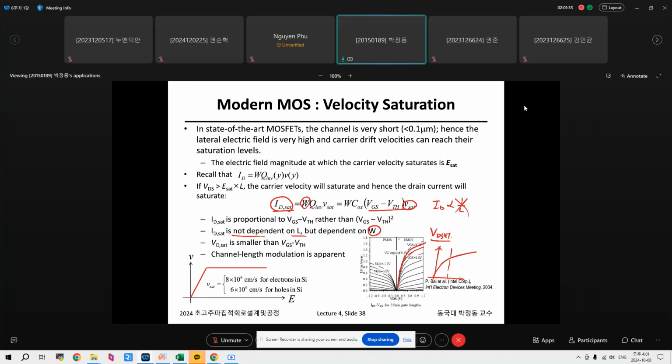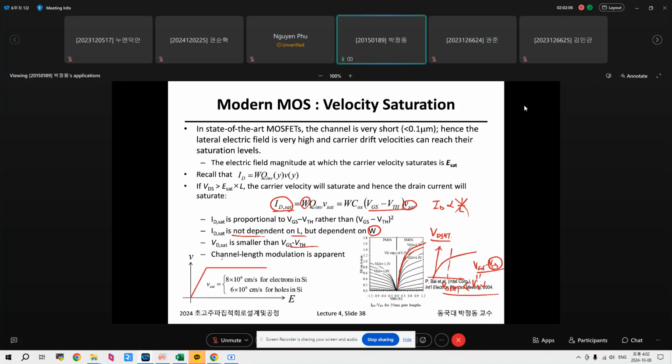So this VD set is even smaller than the overdrive voltage. Overdrive voltage is defined as VGS minus V threshold, right? That's why it's called overdrive voltage. So in a short channel device, VD set is smaller than overdrive voltage. Okay?